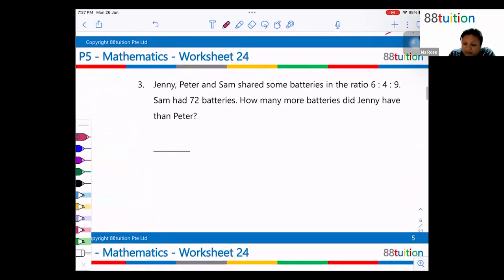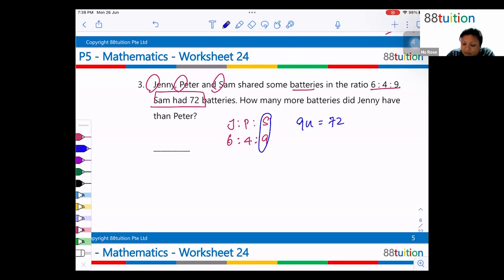Okay, so let's look at question number 3. You have 3 people, Jenny, Peter, and Sam, who shared batteries in the ratio 6:4:9. Sam had 72 batteries. So Sam, which is 9 units, is 72.